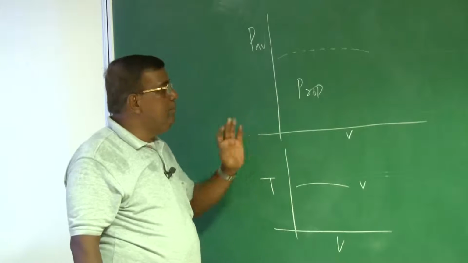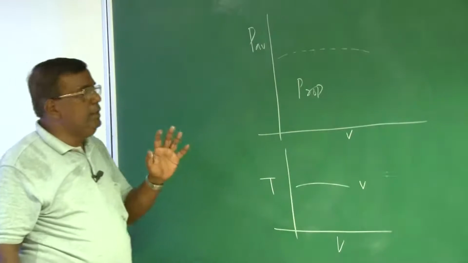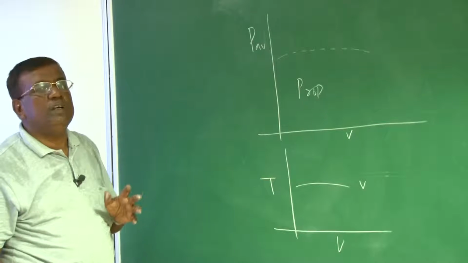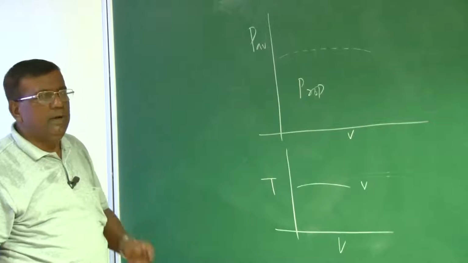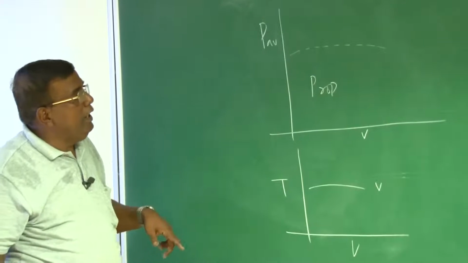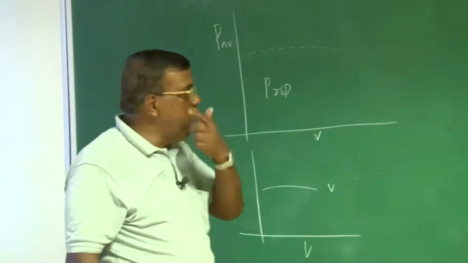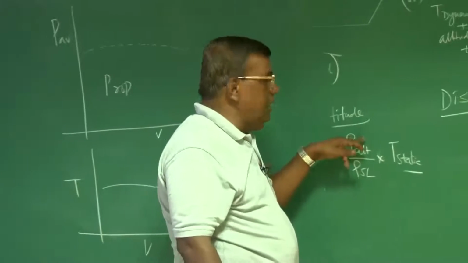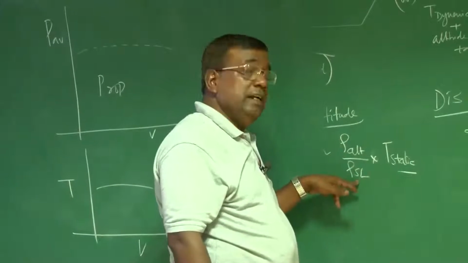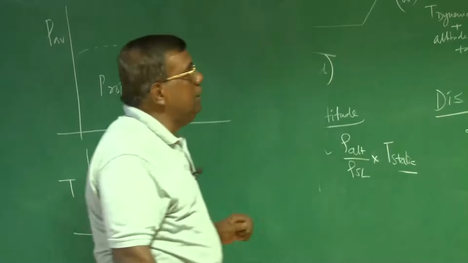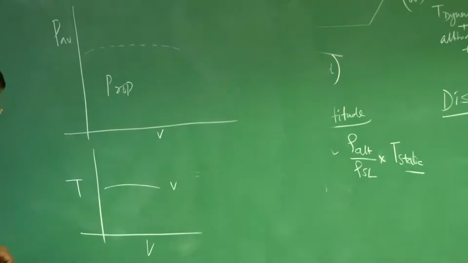This is the initial design assumption you must have, which is not a very bad assumption. This is fairly okay. But do not forget, the altitude effects are predominant. It goes with the ratio of density at altitude by the density at sea level. These two things you should keep at the back of your mind.